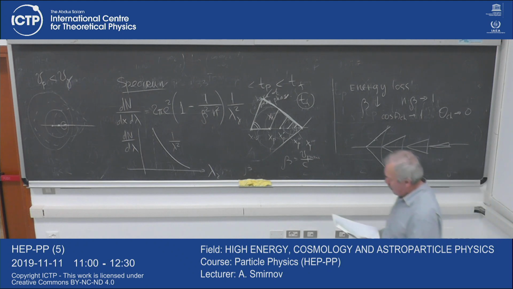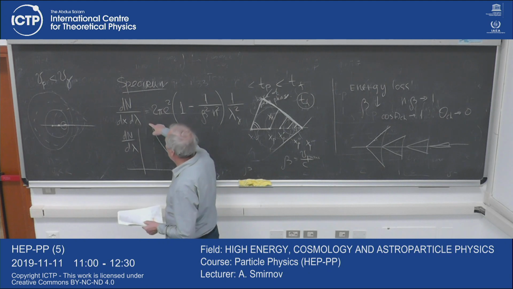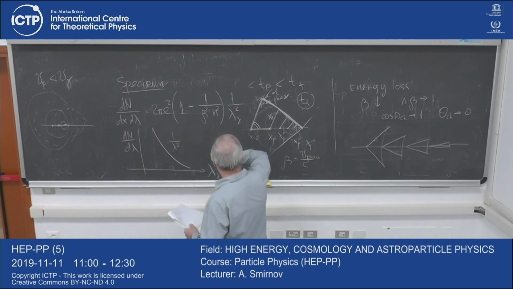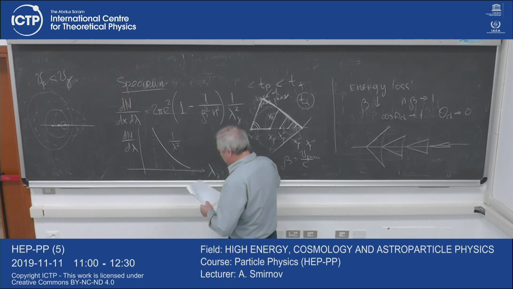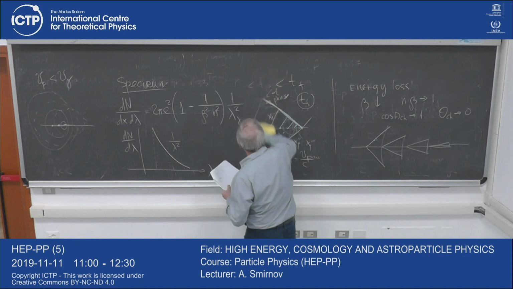The variable x means the distance that the particle travels. So this is energy loss. I have written for energy loss, and here I just wrote the dN over d lambda essentially.